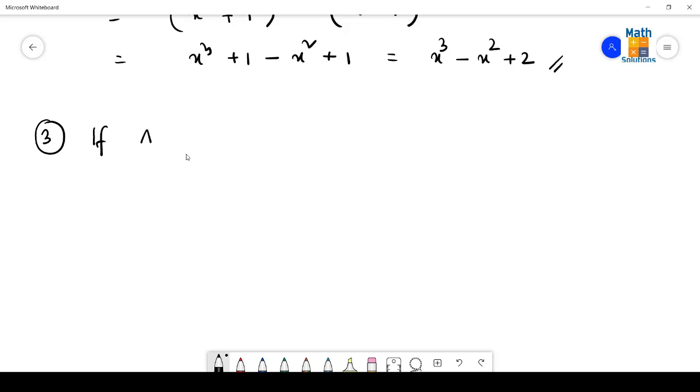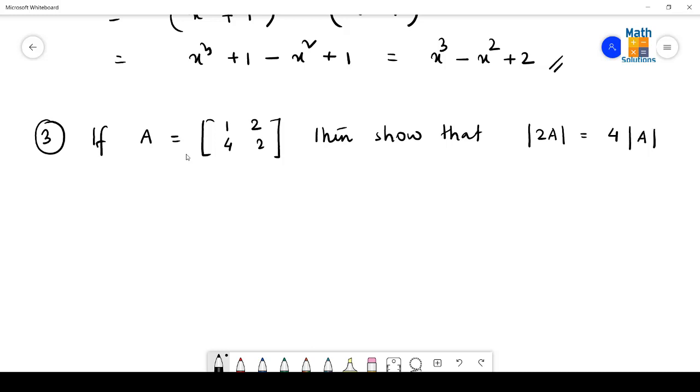If capital A is equal to 1, 2, 4, 2, this is a matrix given to us, then show that determinant of twice A is equal to 4 into determinant of A. So for this, first of all we have to find out what is twice A. We have matrix A as 1 2 4 2.